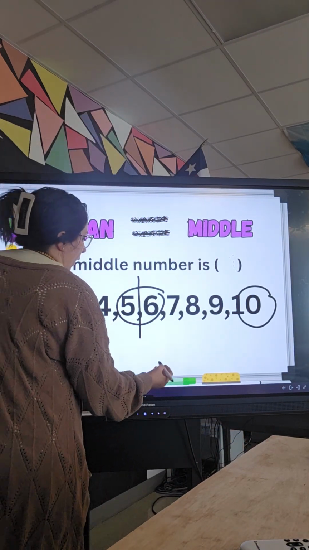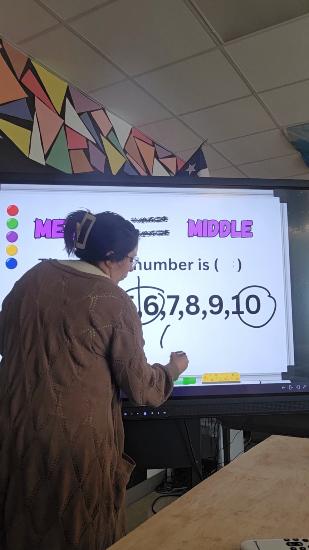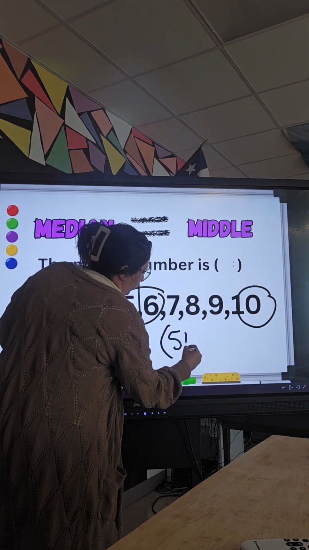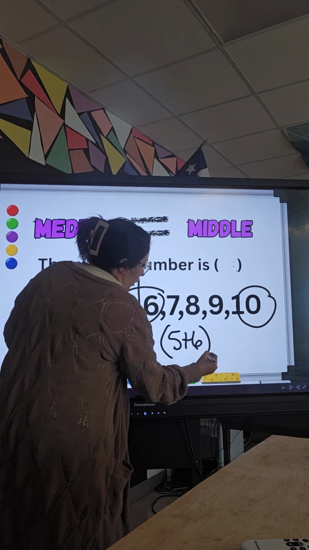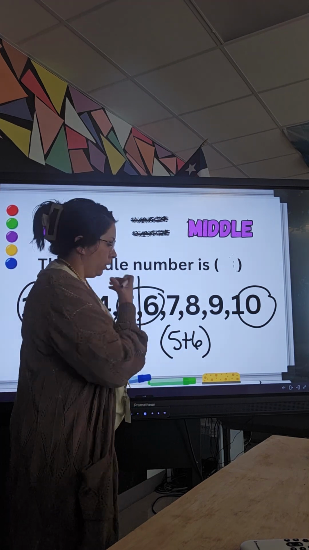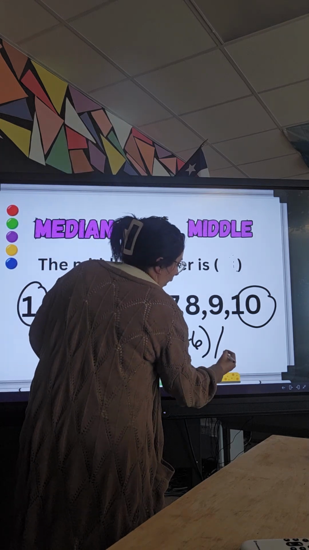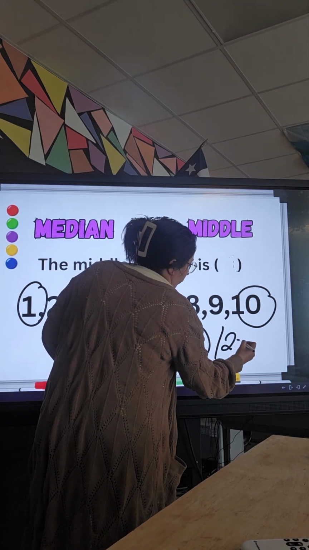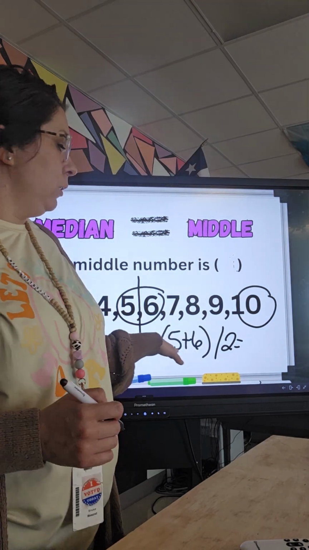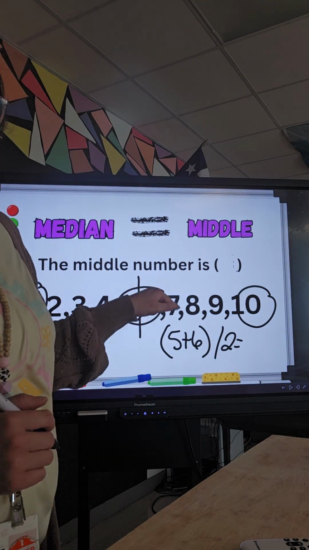So what we're going to do is open parentheses, put 5 plus 6, close parentheses, and this can be put in our calculator, and then we're going to divide it by 2. So we have open parentheses, 5 plus 6, close parentheses, divided by 2.